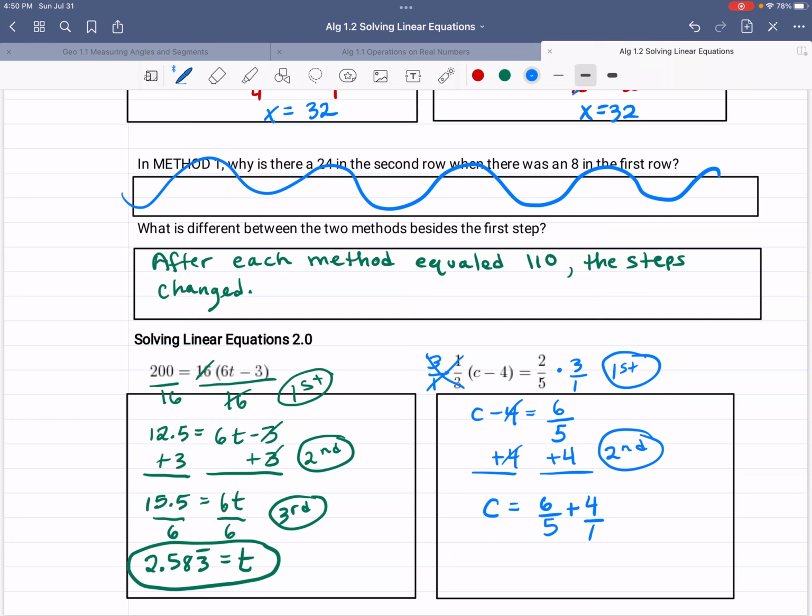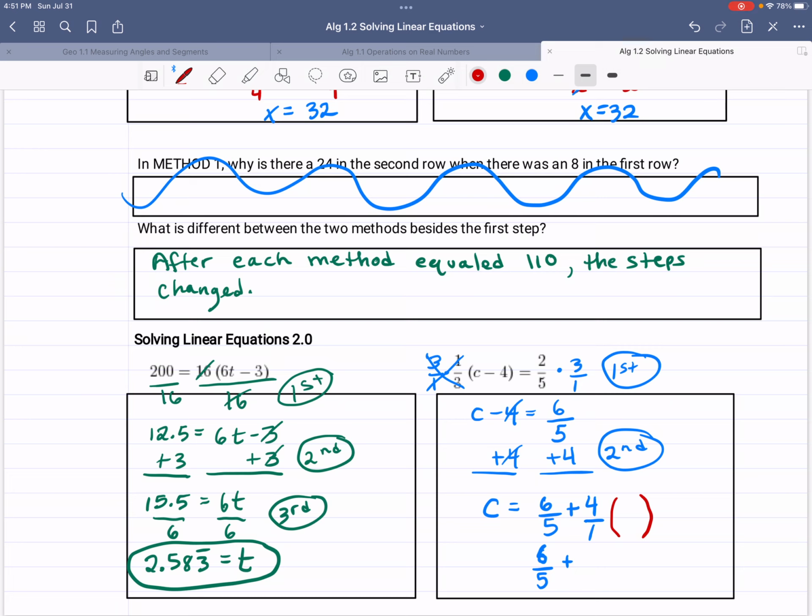And then we're going to find a common denominator. So the common denominator is going to be 5. 6/5 plus, if I multiply, so I'm just simplifying this right now. We already have our answer. It's 6/5 plus 4, or 4 and 6/5.